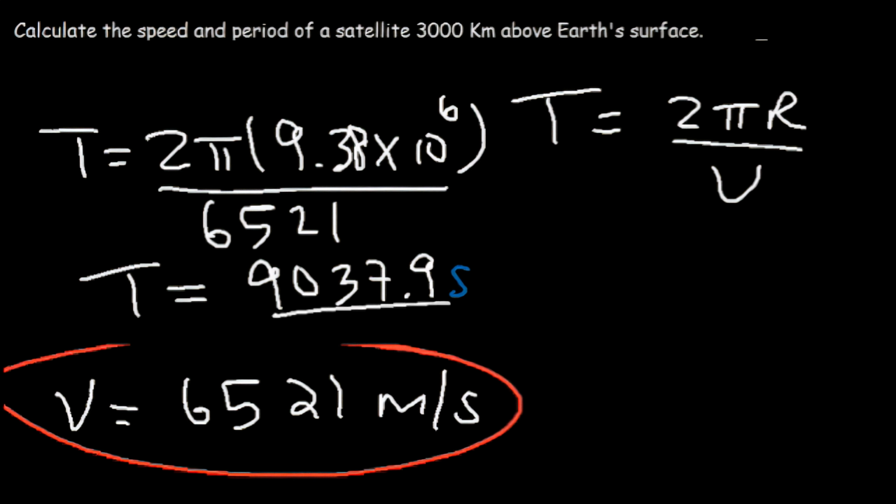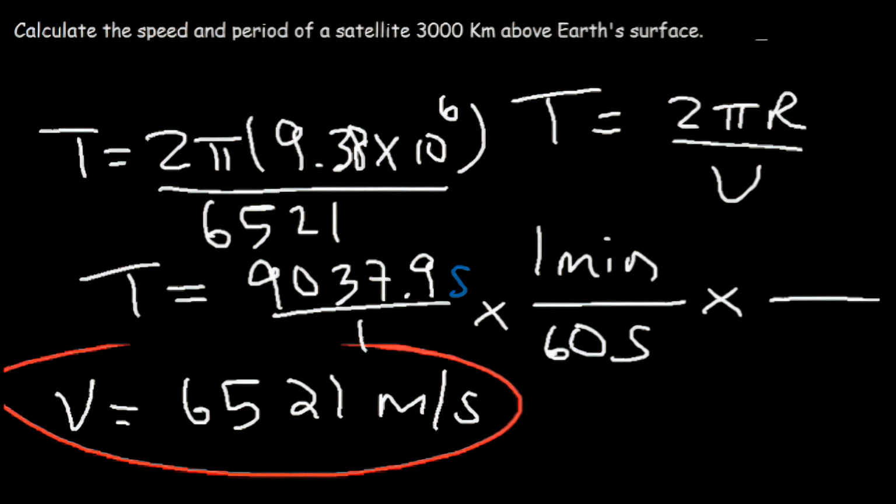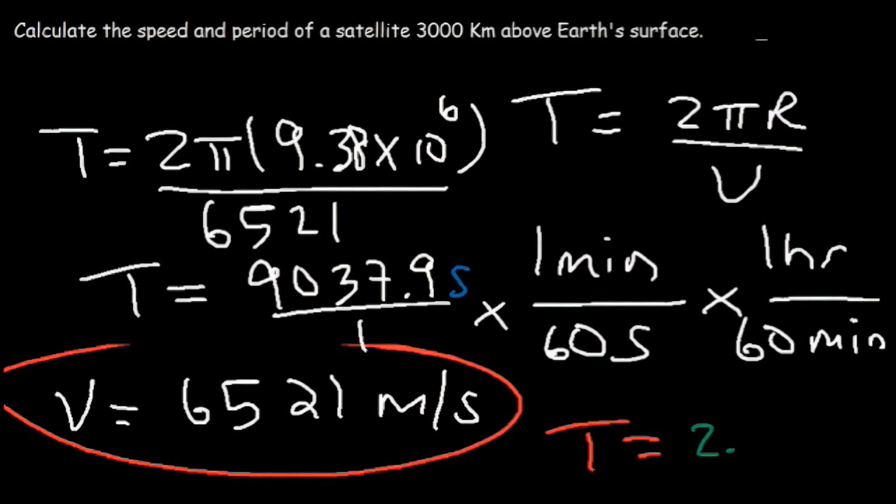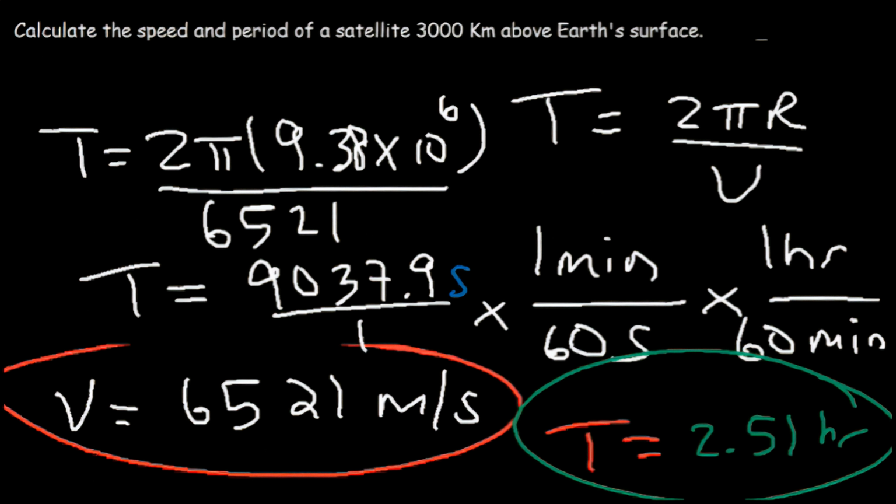So if we want to convert that to hours, we know that there's 60 seconds in a minute and 60 minutes in an hour. So we need to divide 9,037.9 by 3,600. And so the period of the satellite is about 2.51 hours. So that's how long it's going to take to make one revolution around the Earth.